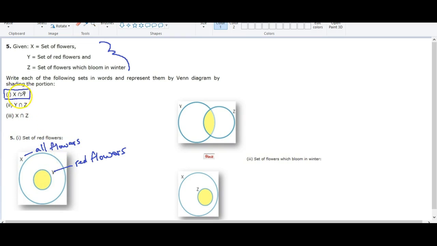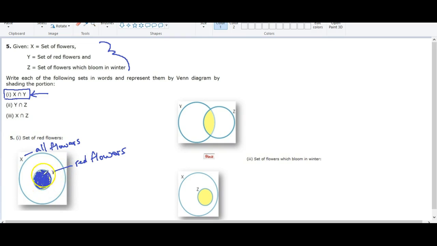And then they said highlight. When you're drawing Venn diagrams, you want to highlight what the statement is, which is the intersection of X and Y. So that's only going to be where X and Y intersect, which is going to be the yellow, which I am now highlighting as blue.